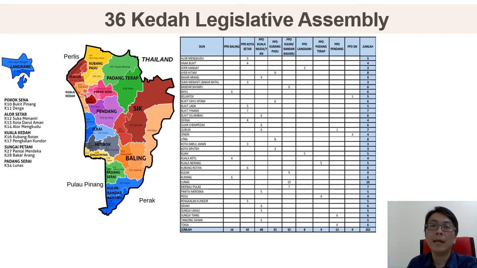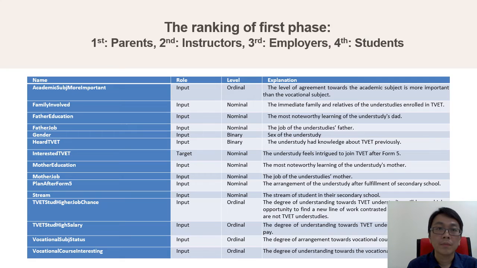To ensure non-bias, the respondents are selected using stratified and simple random sampling methods as I mentioned in the previous slide. 36 areas in Kedah are divided into 9 DEO or District Education Offices. The DEOs are then determined using the basic random sampling methods.